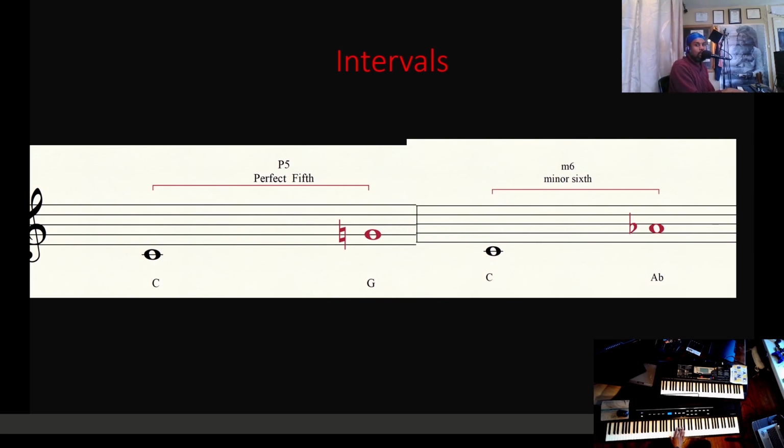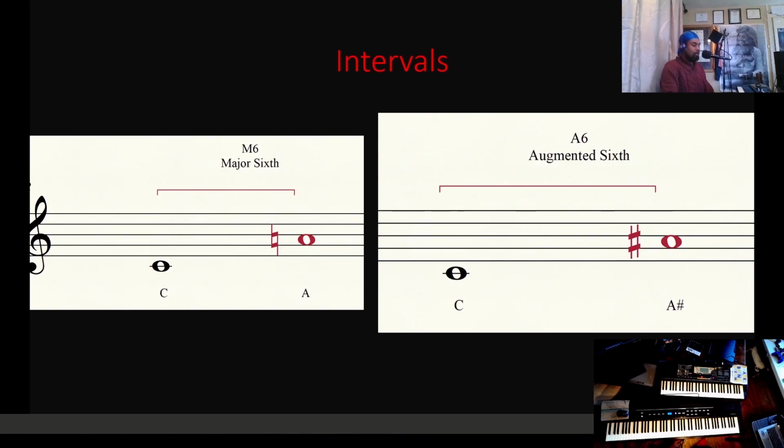Now, this is a C to A flat. If you write that as an A flat, that is a minor sixth, okay? C to A natural is a major sixth. If we write this as a C to A sharp, it is considered an augmented sixth.